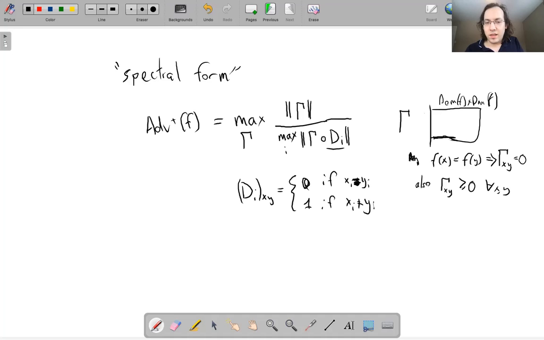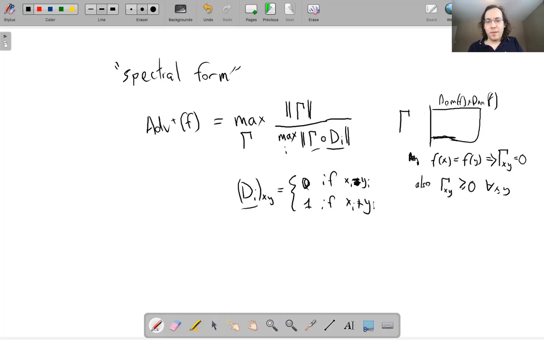Di is basically the matrix that tells you how to get from G to Gi. It basically tells you which edges to keep. So the Hadamard product here is the entry-wise product. So when I'm saying gamma circle Di, I mean multiply entry by entry, not like a matrix product, but just multiply the entries to get a new matrix where the xy entry of the new matrix is the xy entry of gamma times the xy entry of Di.